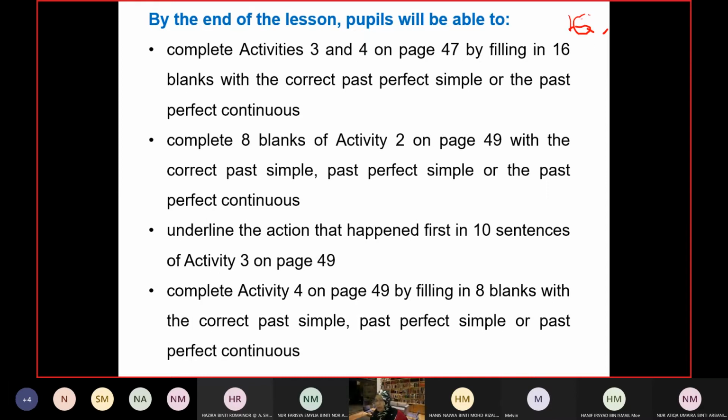Alright, contohnya perbuatan yang terjadi pada masa lepas dan benda tu masih lagi berterusan berlaku bila satu lagi perbuatan berlaku ataupun terjadi.